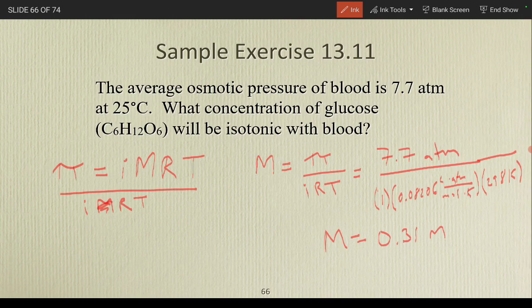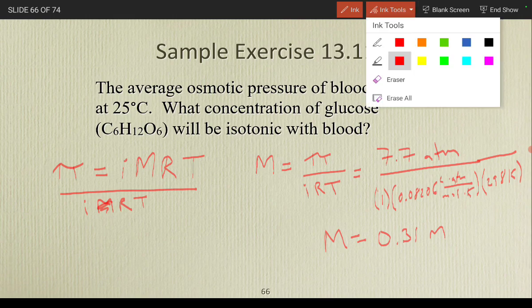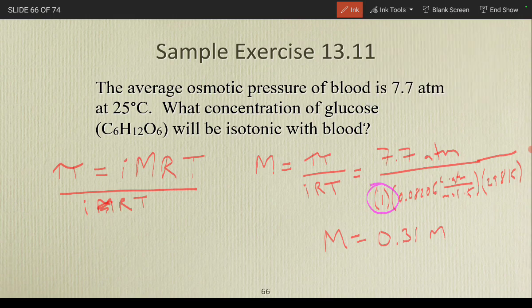And then with this one, just to think about it from another example, this is the concentration of glucose that's isotonic. If we think about sodium chloride, NaCl, in that case, the only thing that would change is going to be that piece. So with sodium chloride, that value would be 2. So what we would see with the sodium chloride is the isotonic would be half as much, so we'd get a 0.16 molar solution in that case.